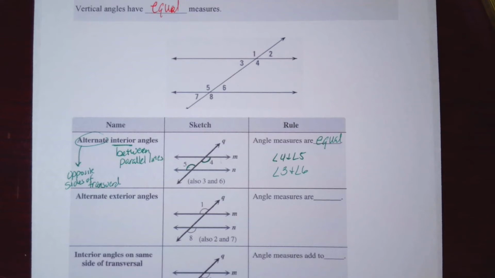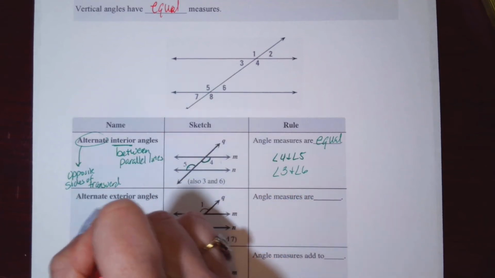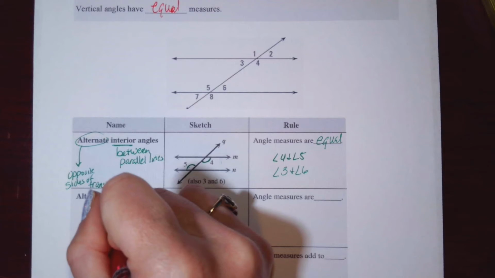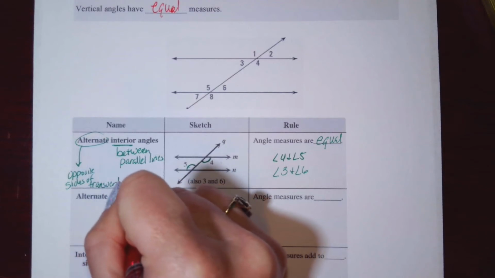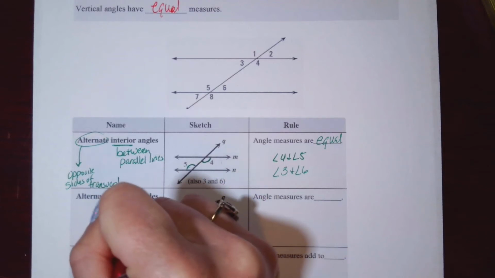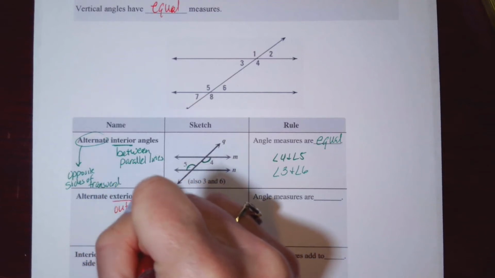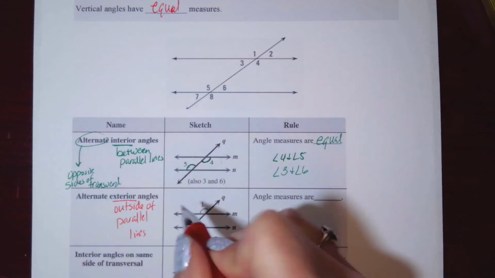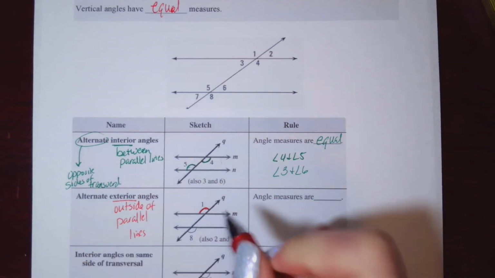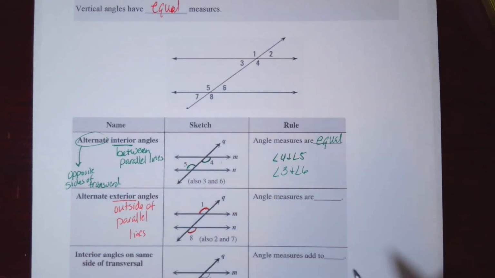All right, let's look at the next one, alternate exterior angles. Alternate is still on alternating sides of the transversal, but now we are exterior, on the outside of the parallel lines. So right here, we've got angle 1 and angle 8.